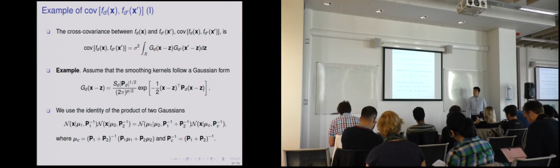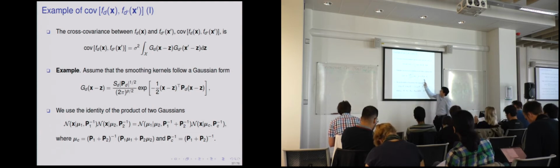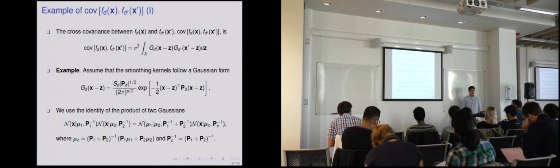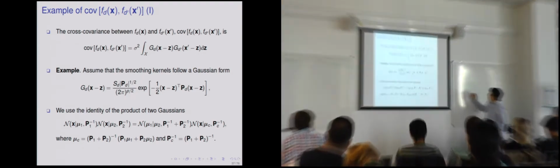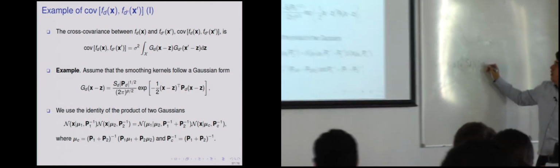So if we took all this expression here and leave aside the SD, that has the form of a Gaussian, yeah? With precision matrix PD. So we can express the GD of x minus z as SD times a Gaussian, yeah?